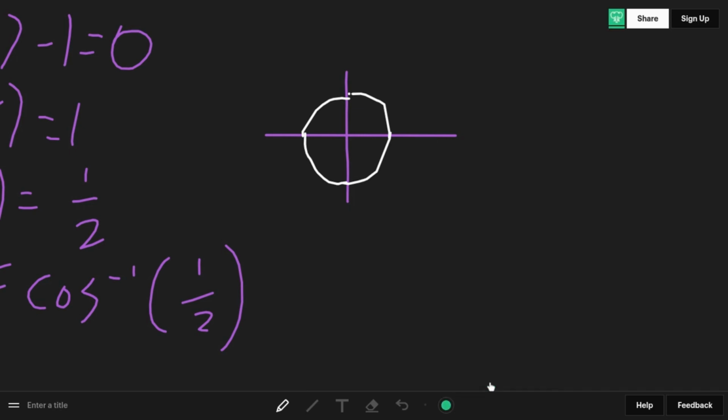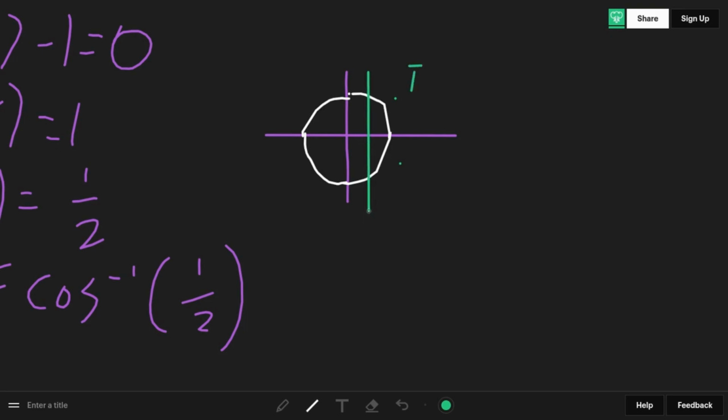And so we realize that cosine theta, first of all, since it's positive, cosine is positive in quadrants 1 and 4. And so that'll be looking at about here.